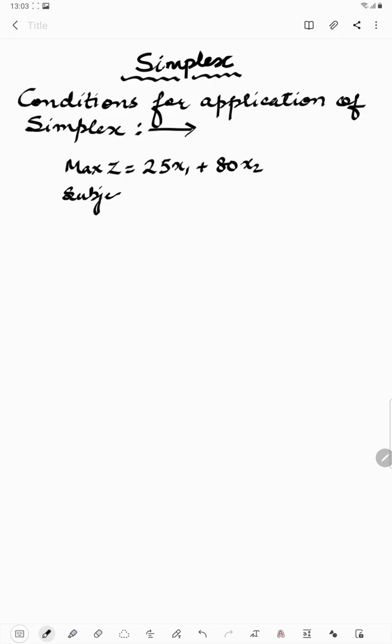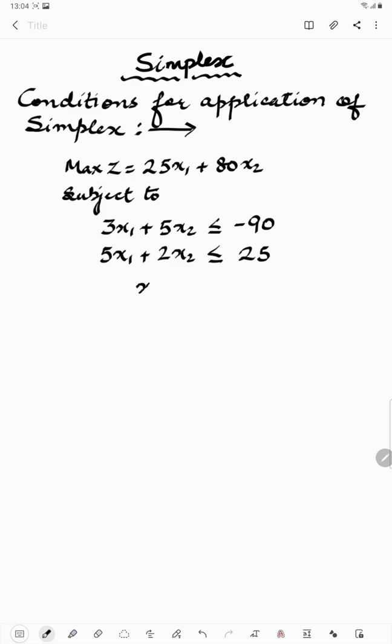This is a case of maximization and the constraint equations are given.